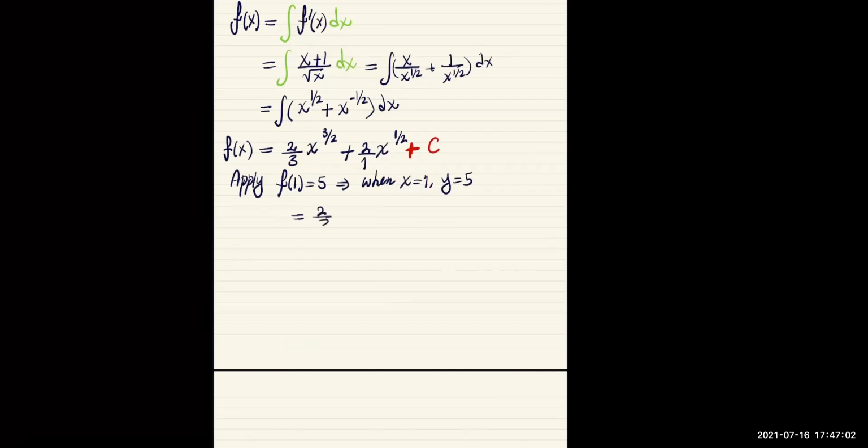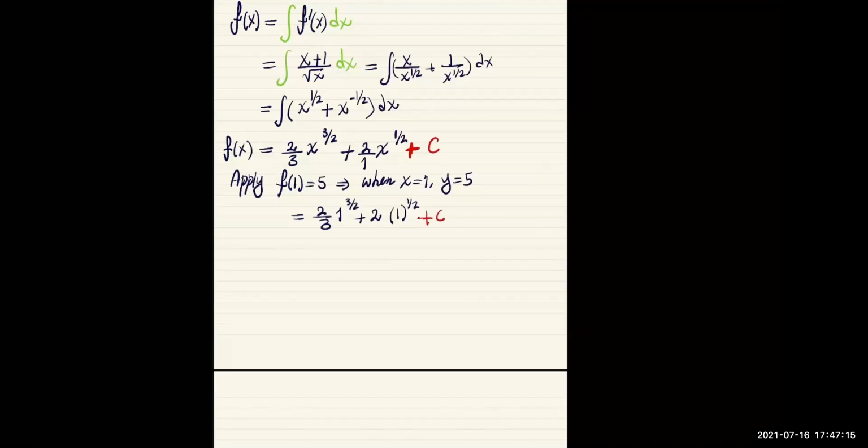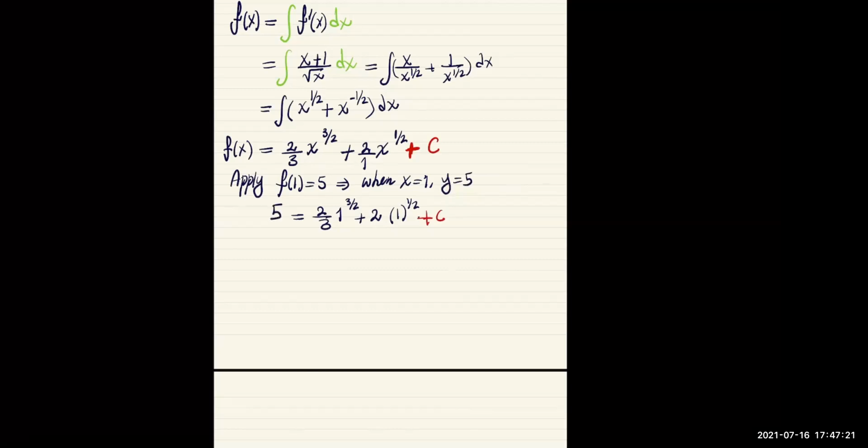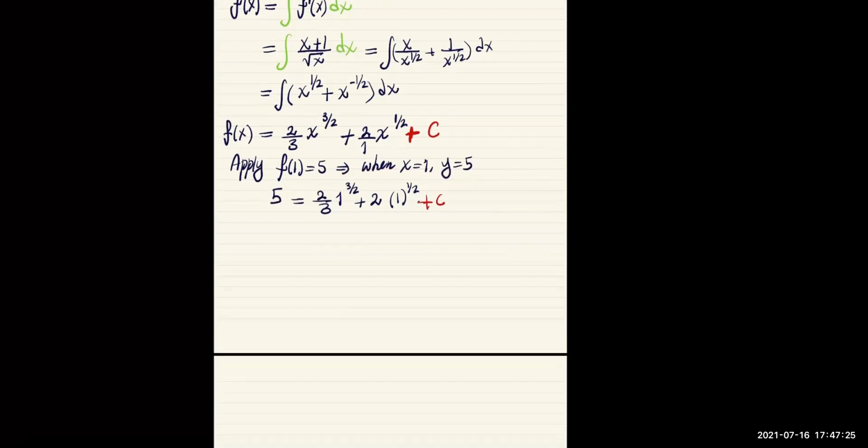You get 2/3 times 1 to the 3/2 plus 2 times 1 to the 1/2 plus, I don't know what C is, and this output is equal to a y of 5. F is y, so you get 5. Look at that. This is an equation with C unknown. Solve for C. So here we get 5 equal to 2/3 plus 2 plus C unknown.